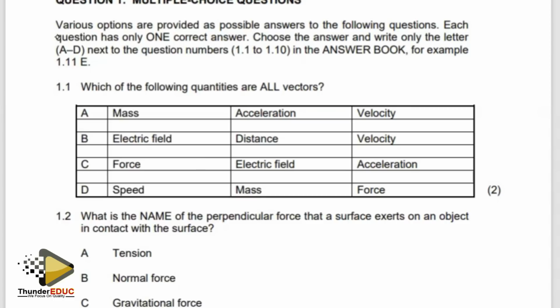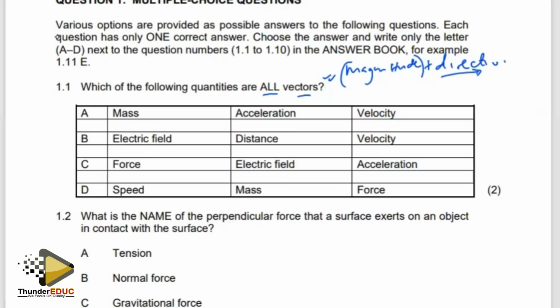We know that vectors are physical quantities that must have both magnitude as well as direction. Magnitude can be measurable, and the direction must be acting in a particular format.